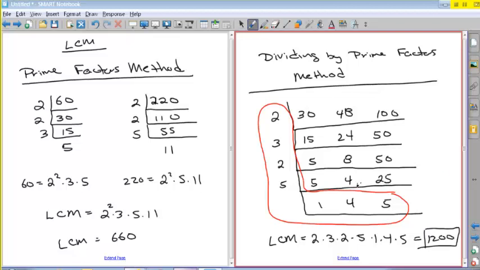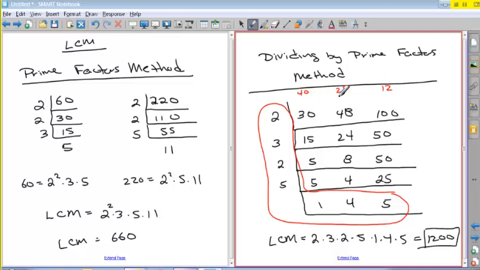And again, you can, well actually, no, it doesn't count. You can't use any of these numbers to predict what it's going to be. But if I take 1,200 divided by 30, I get 40 up here. If I take 1,200 divided by 48, I get 25. If I take 1,200 divided by 100, I get 12.